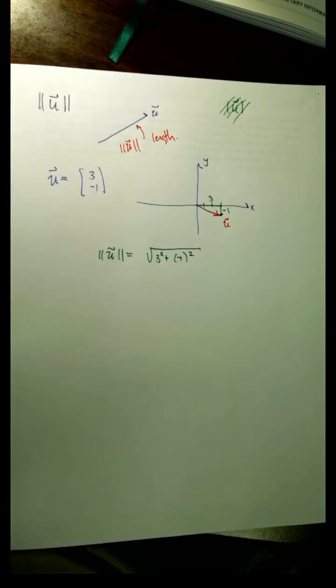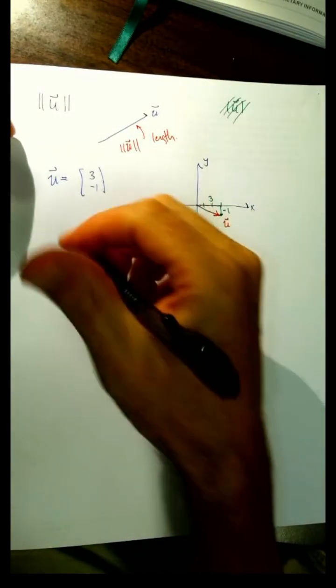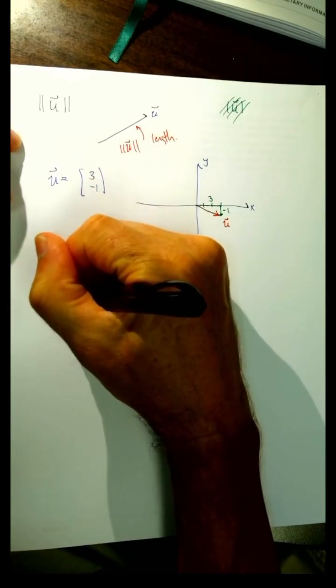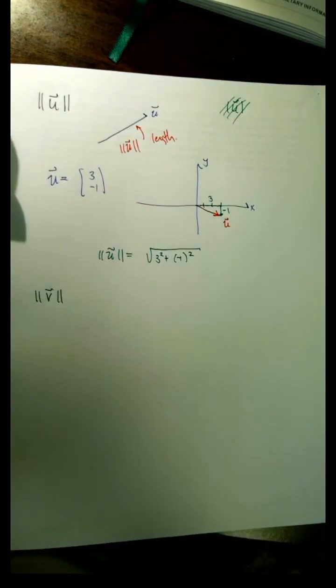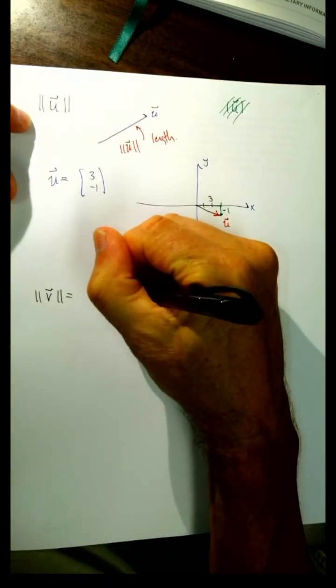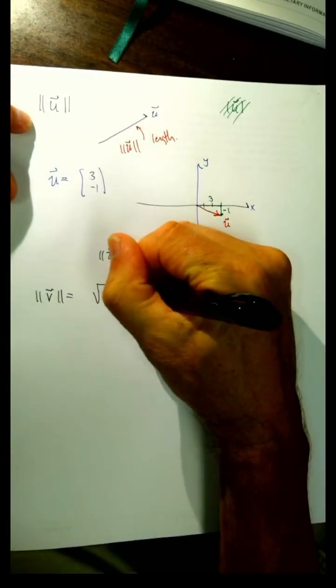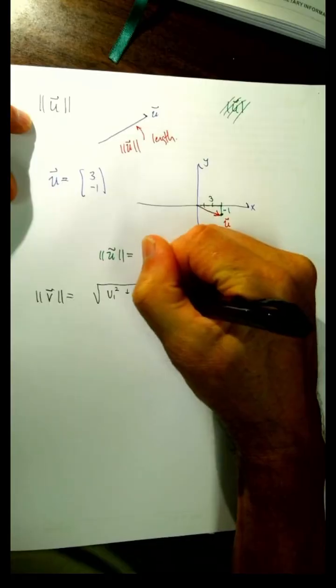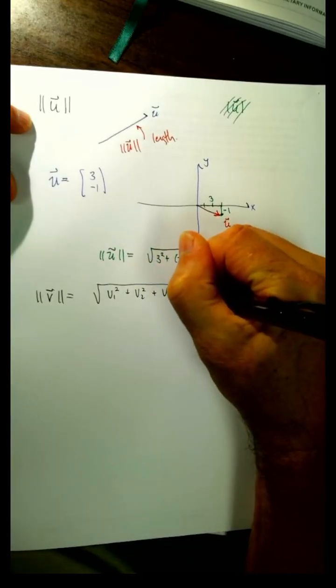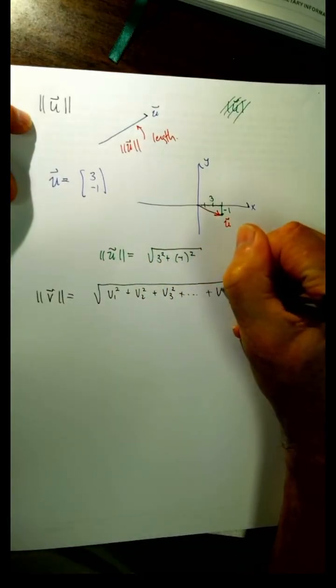We can generalize this into higher dimensions, and it turns out to follow the same pattern. If I have a vector v, then its length is going to be the square root of v1 squared plus v2 squared plus v3 squared, all the way out to the last one.